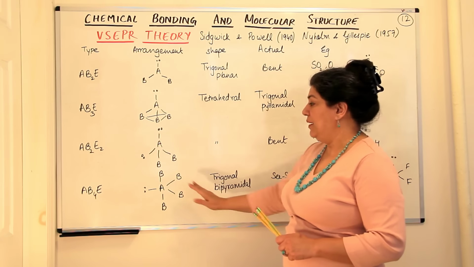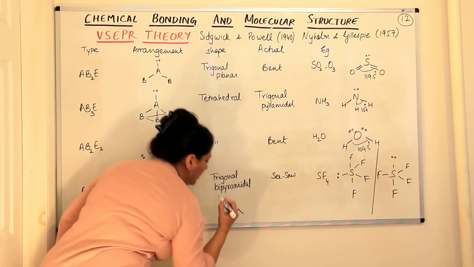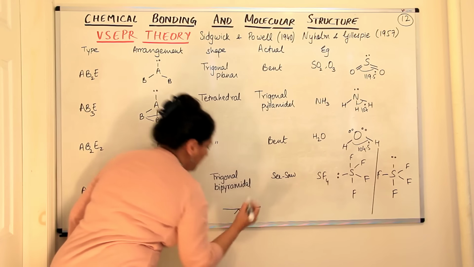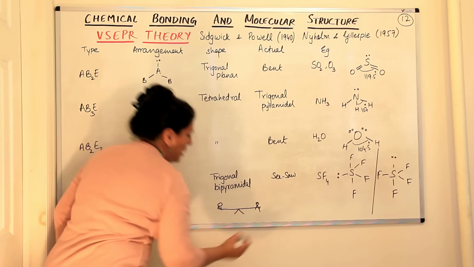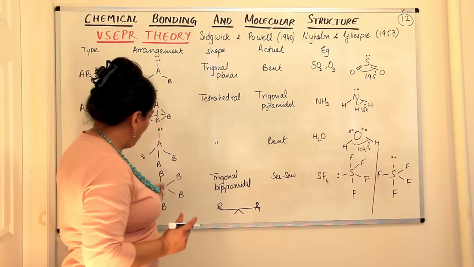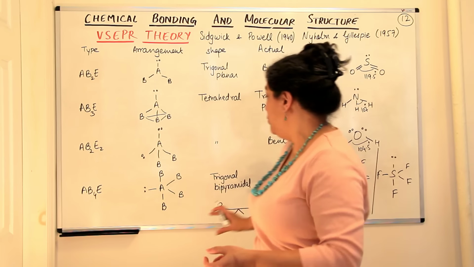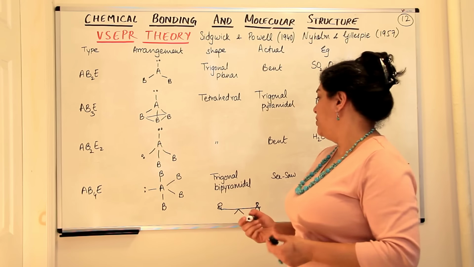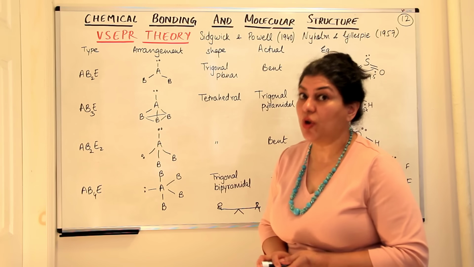When you go to the park, there's a support in the center, and there is a bar like this, and 2 kids sit on the seesaw, and one goes up and the other goes down. So this is somewhat like a seesaw structure. The molecule looks like a seesaw. So you would expect it to be a trigonal bipyramidal shape, but actually the molecule is a seesaw.